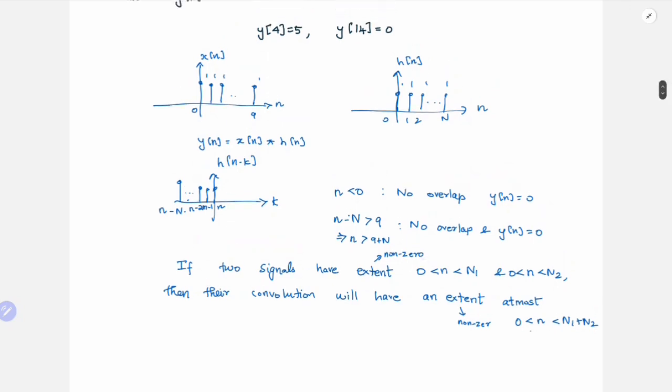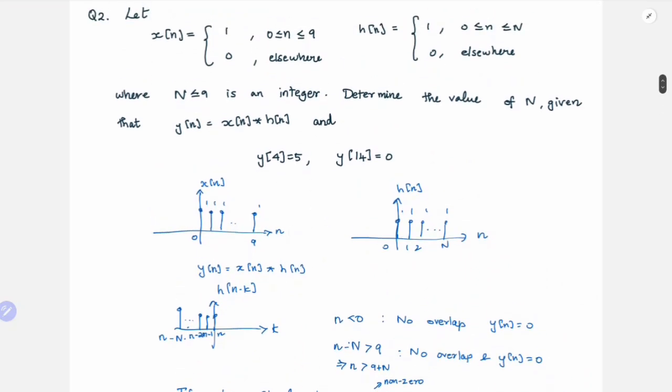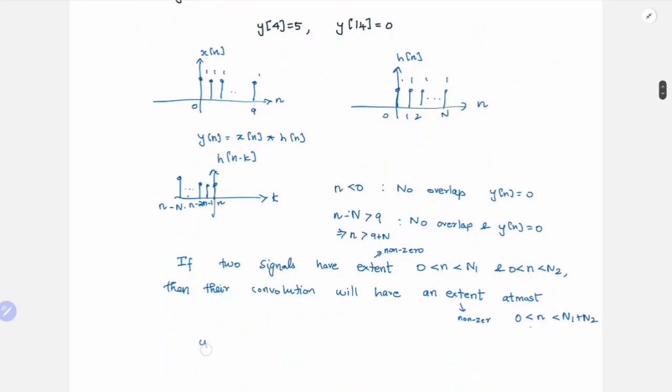Okay. So now let us see what they have given. So x of n is from 0 to 9 and h of n is from 0 to N. So y of n can at most be non-zero in the range 0 to N plus 9.